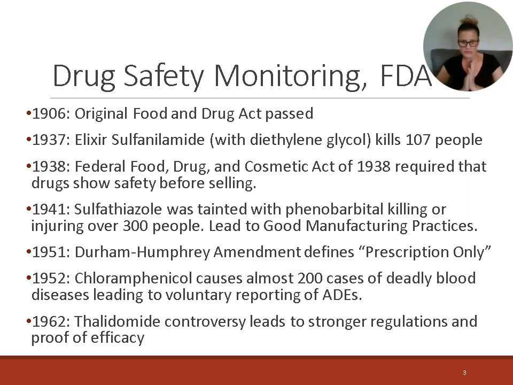It had been approved, and it was a prescription being prescribed to patients across the country, and everything was fine. However, we didn't know that it was causing these blood diseases as an adverse drug effect, and it was happening all over the country. People were getting sick, people were dying all over the country, and we didn't realize it collectively. We didn't know that this was something we should be looking out for when we prescribed chloramphenicol.